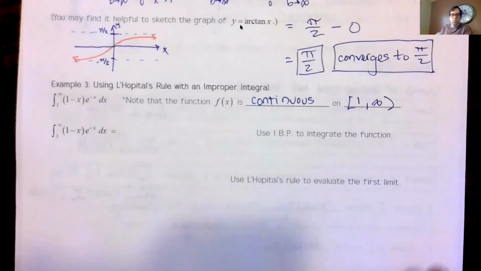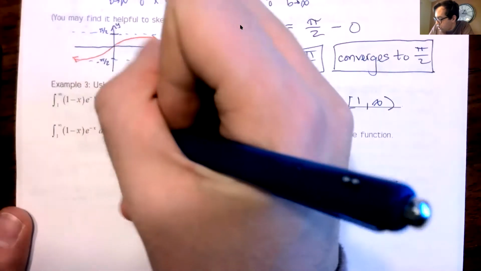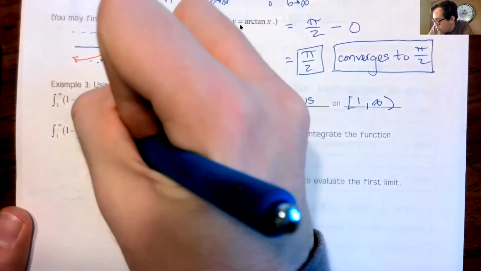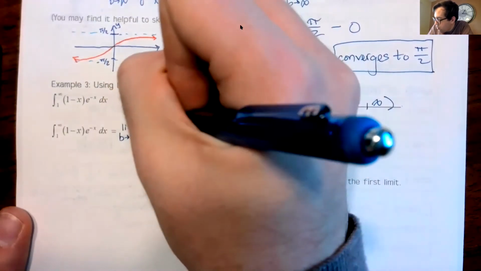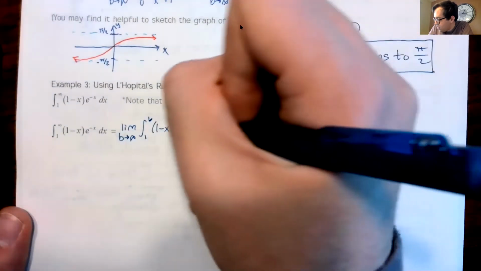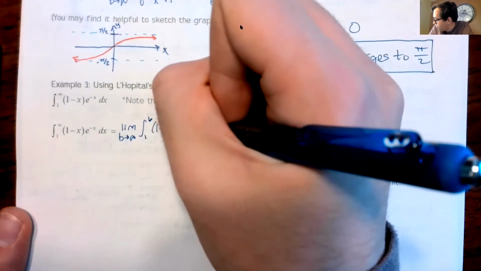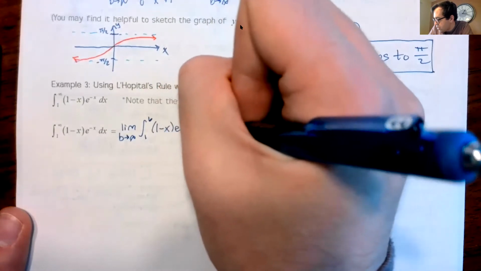So let's get started. Integral from 1 to infinity. As always, we're going to start off by switching to the limit notation. So we're going to have the limit as b approaches infinity of the integral from 1 to b, 1 minus x, e to the negative x dx.